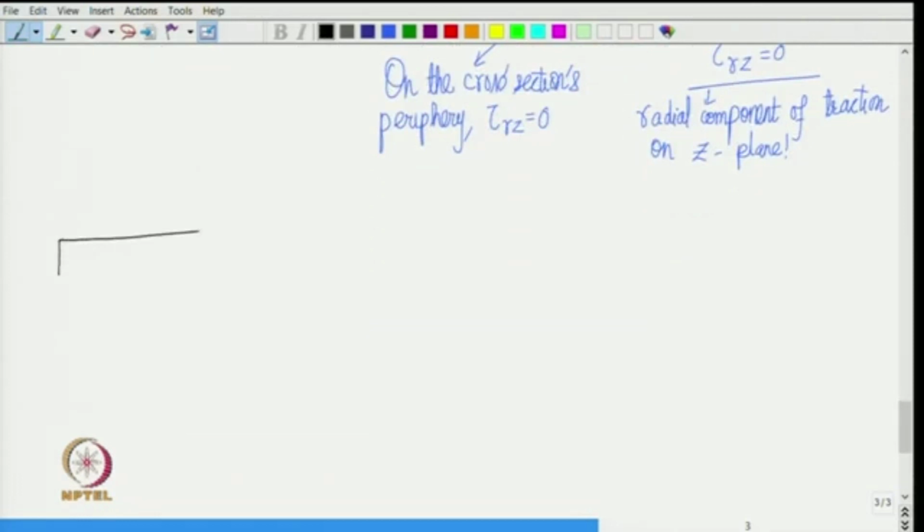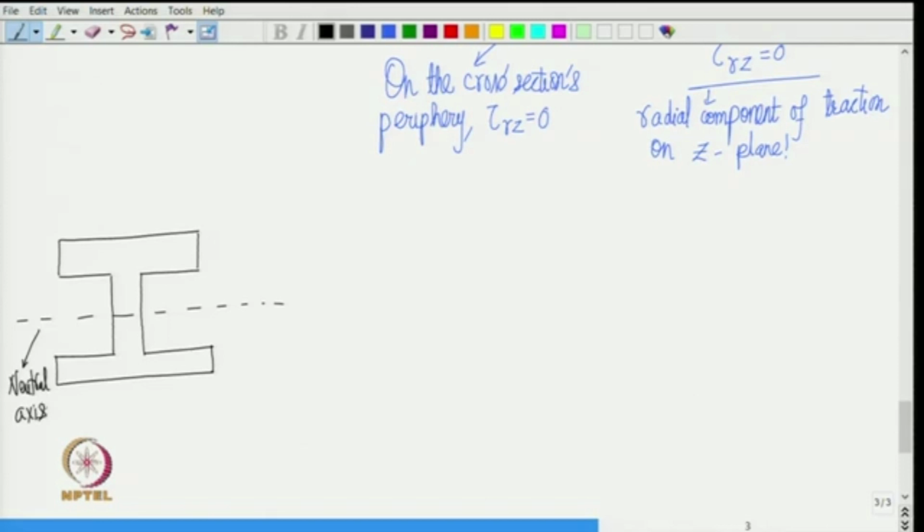So, if we have this I beam, here is the neutral axis, and we are at any distance y from the neutral axis. Then what is tau x y here?